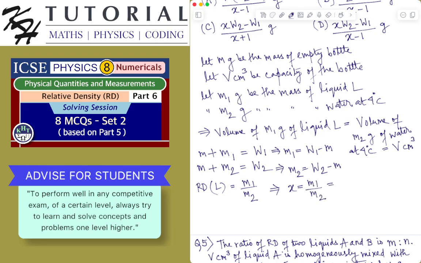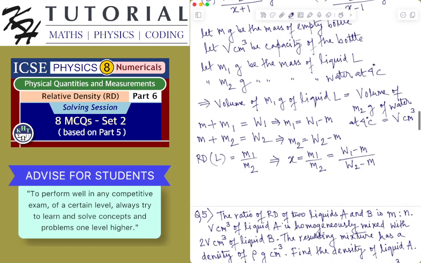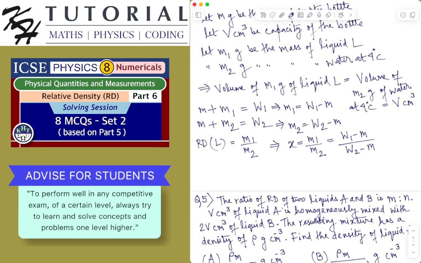Now m1 is W1 minus small m, and m2 is W2 minus small m. So we get a linear equation in small m, which is the unknown we have to find. So x equals W1 minus m divided by W2 minus small m. If you do cross multiplication, we get x multiplied by W2 minus small m is equal to W1 minus small m.